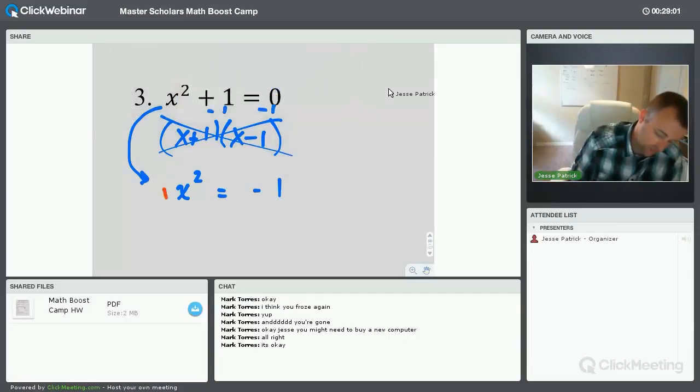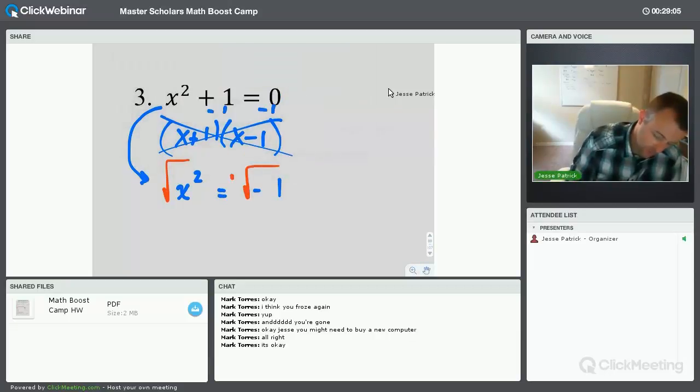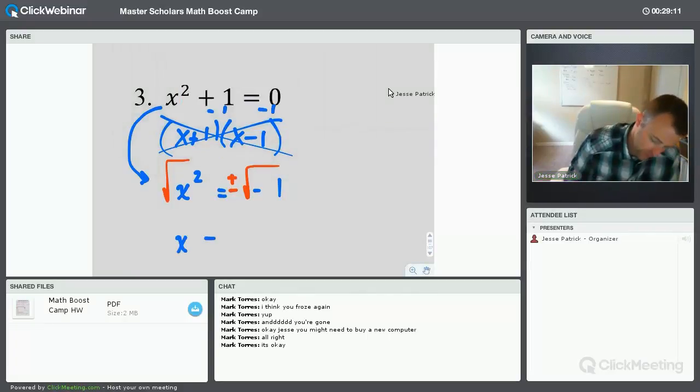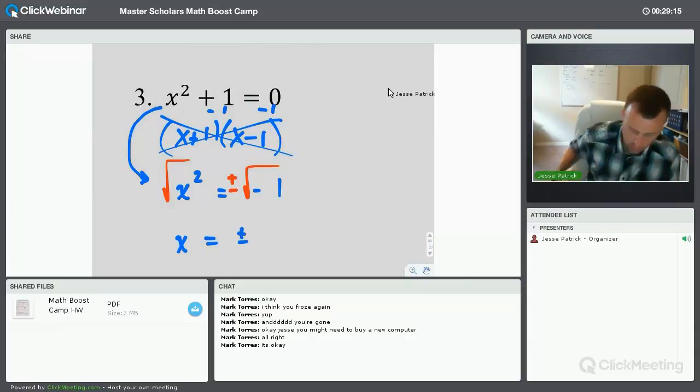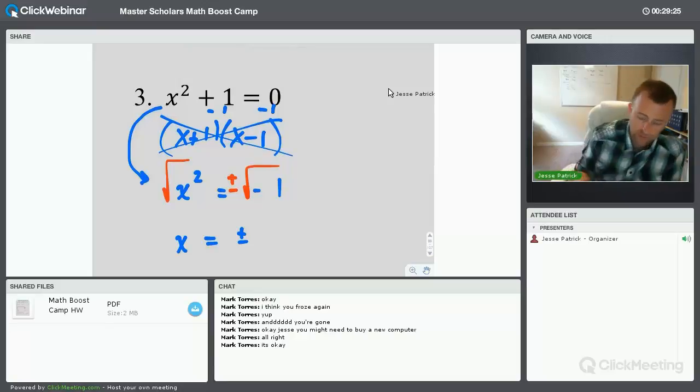Remember this is still going to be plus or minus when you square root. So I'm going to get x equals plus or minus the square root of -1. The whole idea of the square root of -1 is: what can you multiply by itself and get -1? That's how you find the square root. And there's nothing. It doesn't exist. So that's going to be what's called an imaginary number. We call that i.